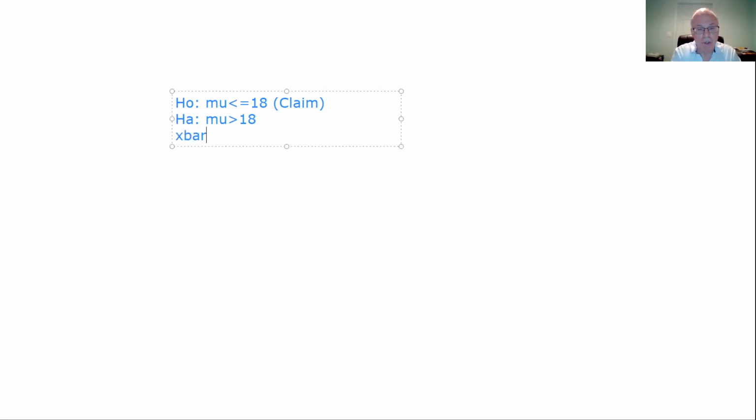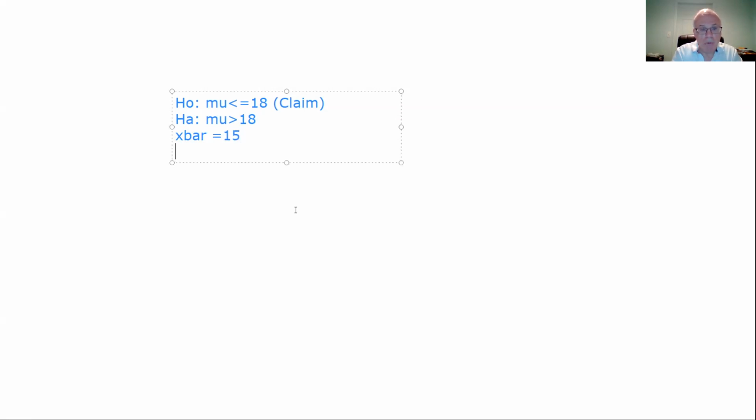Hopefully you know that that's what it is going to be equal to. 15 is X bar. So X bar is 15. This is equal to 15.